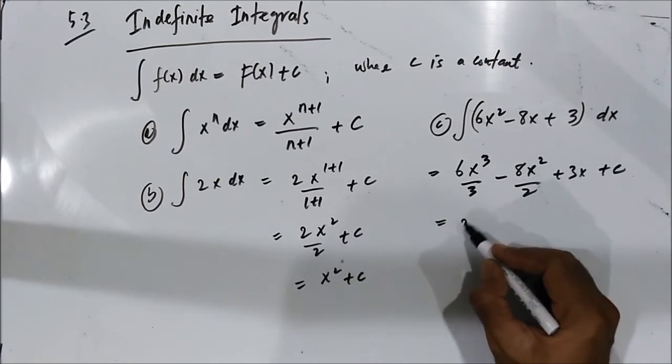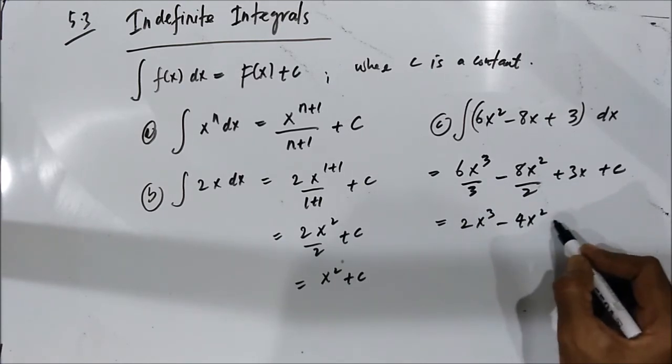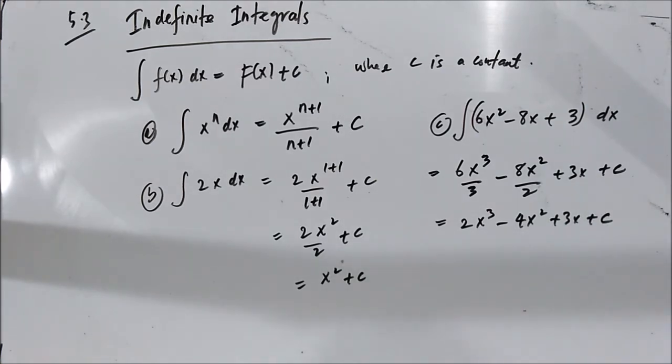So this is equal to 2x raised 3 minus 4x raised 2 plus 3x plus c.